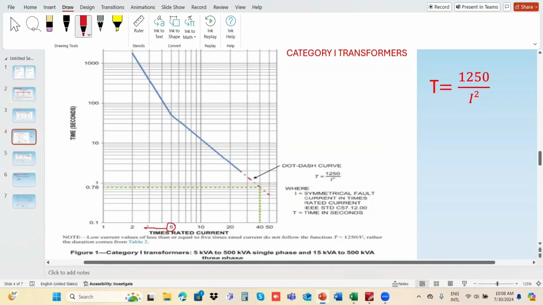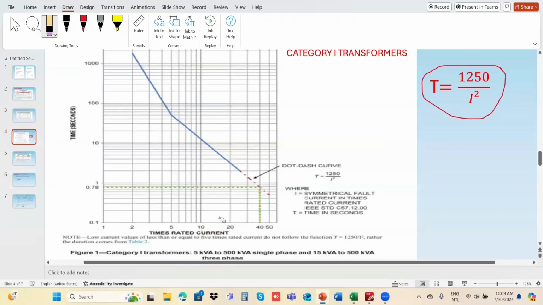So this function is only applicable for above 5 times the rated current. The times rated current depends on the size of the transformer.